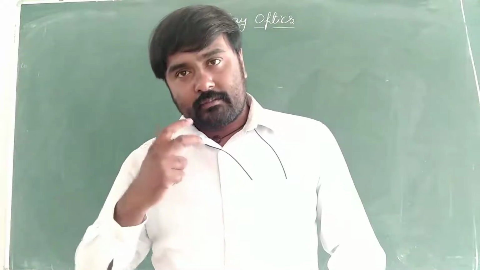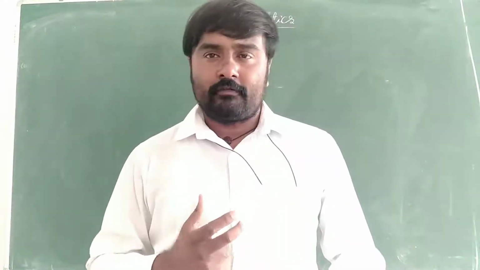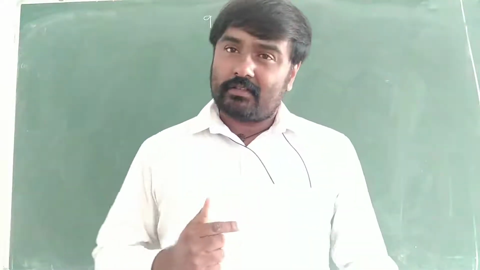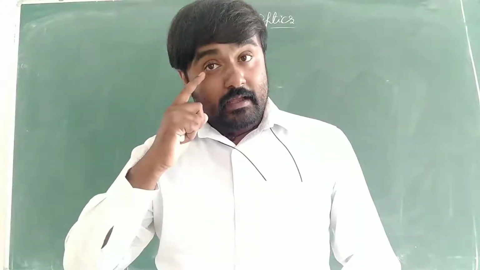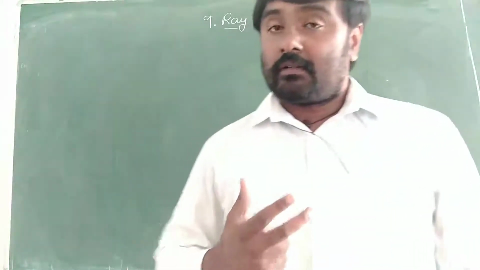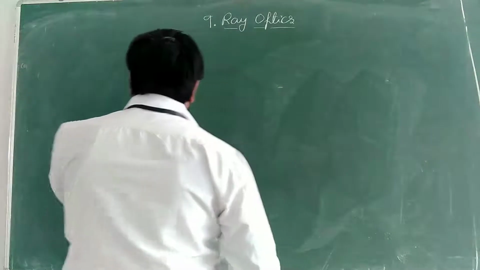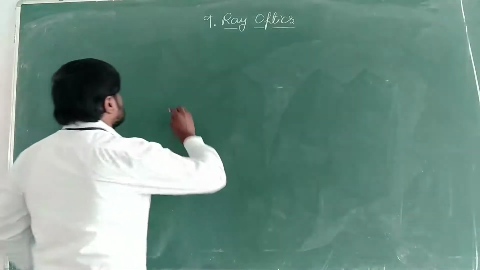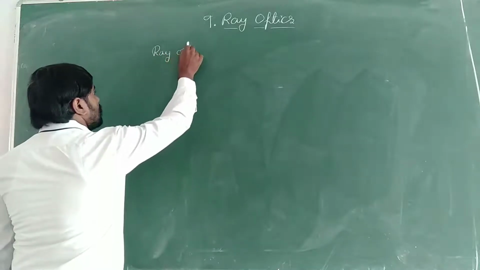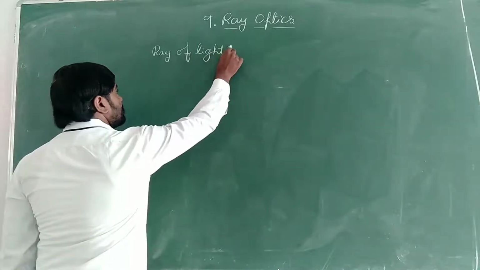So what is the meaning of light? Light is a form of radiant energy which causes the sensation of sight in the eye and also in the brain. That is the actual meaning of light. Now, what is the meaning of a ray of light?